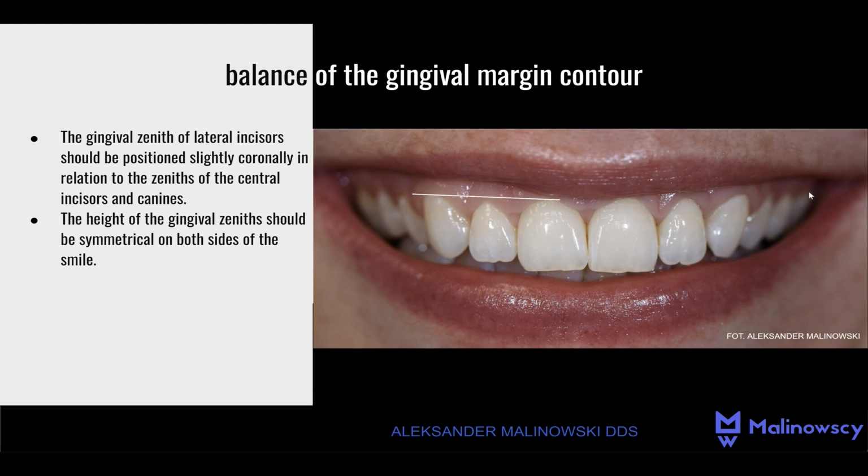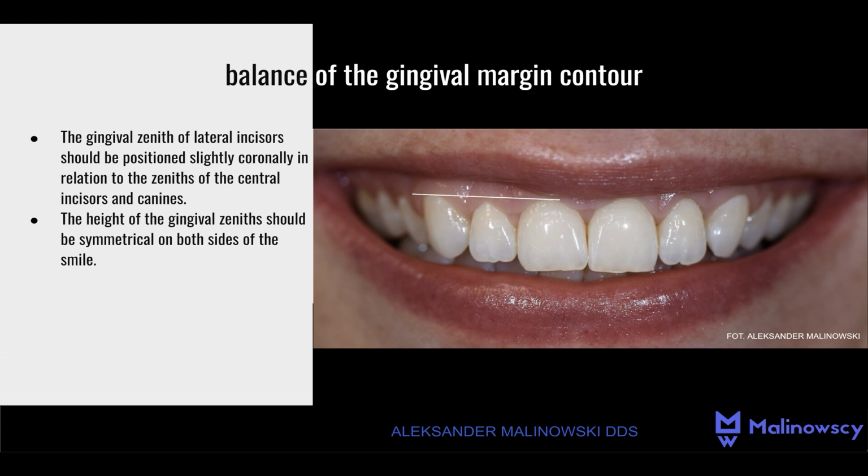It's really important, especially when you plan the surgical correction of the gums. Uniform height in this area will create the impression of overly large teeth. So we should remember the zenith and the balance of the gingival margin, because when we forget about it, we would create too large teeth.